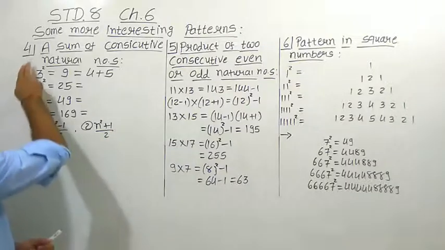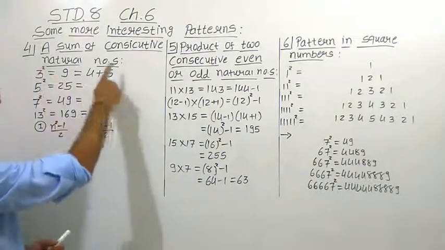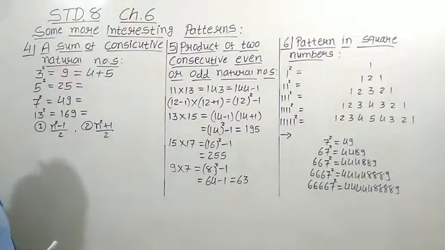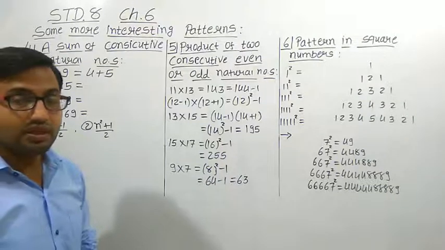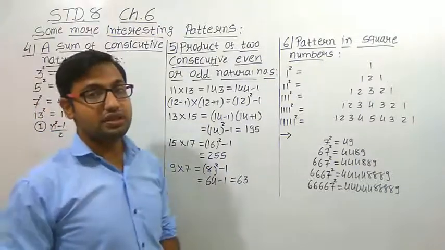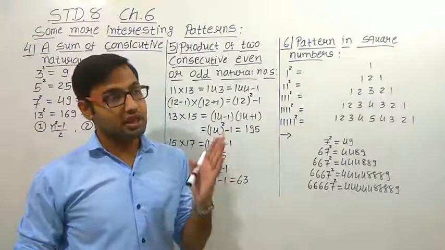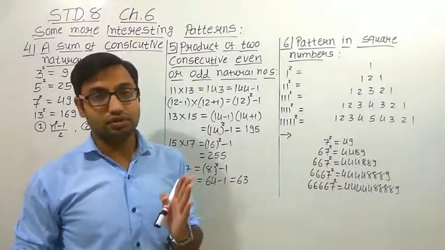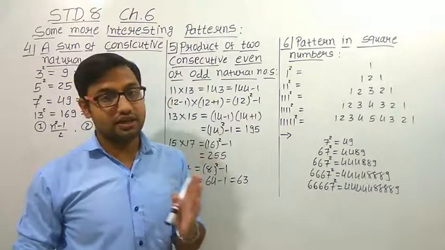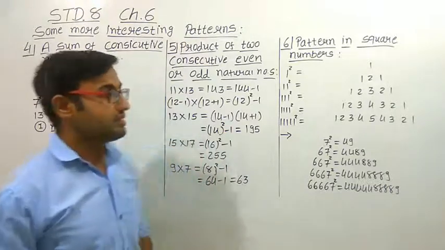The fourth pattern is the sum of consecutive natural numbers. Consecutive natural numbers means if we take 10 as a first natural number, then 11 will be the consecutive. So 10 and 11 are consecutive natural numbers.